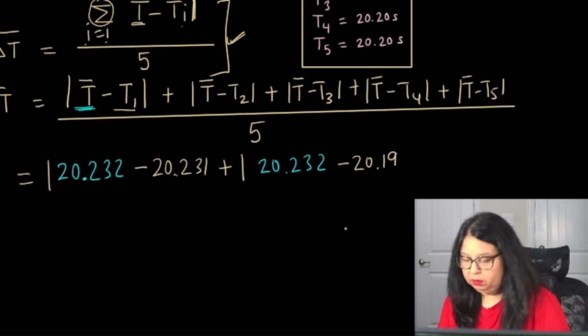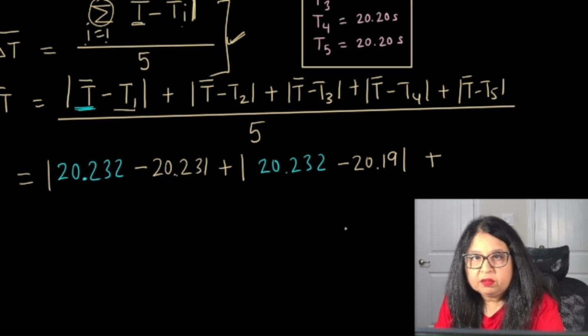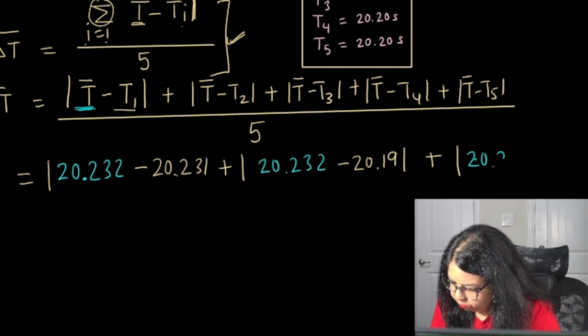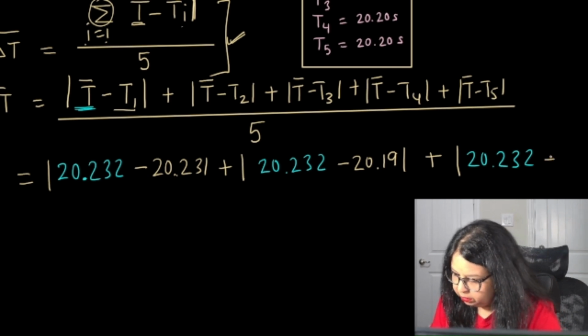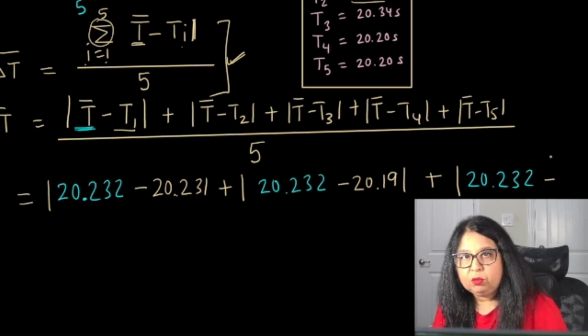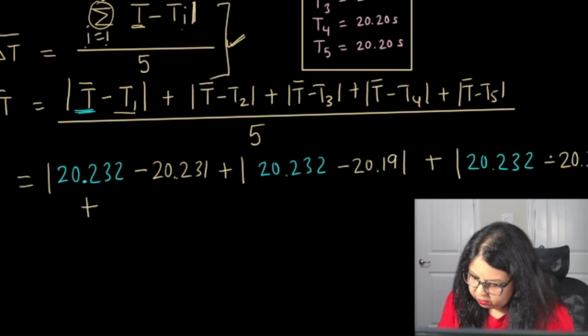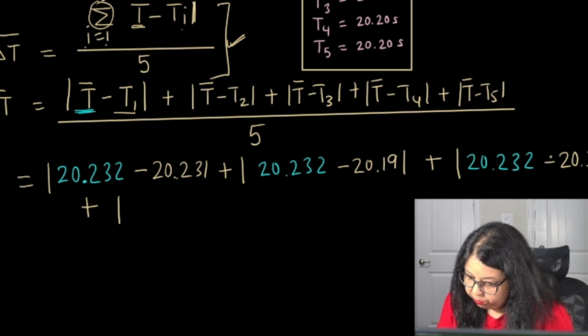All right, here, plus 20.232 minus t3. What is t3 equal to? 20.34. Plus, now i's value will be 4.